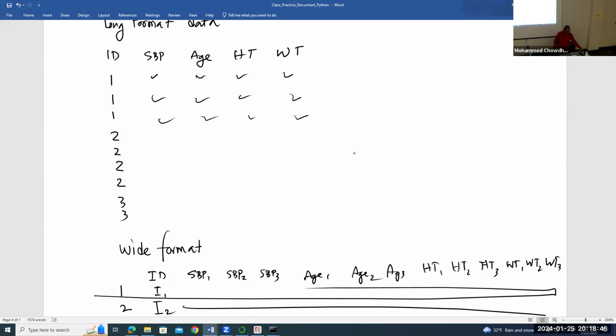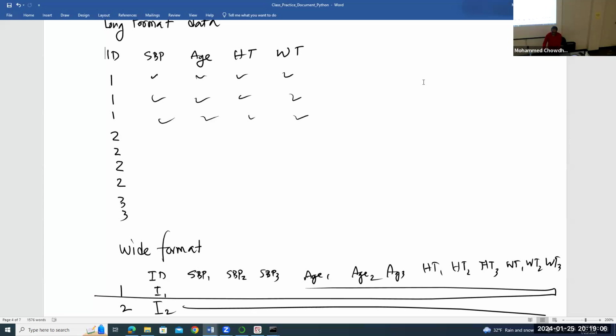For example, in bioinformatics, where the first sample, second sample, third sample are in rows, but gene 1, gene 2, gene 3, gene 4 are in columns, a pairwise t-test could be better done using the wide format data instead of the long format data.